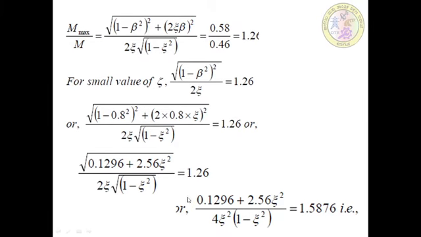Again you can simplify here, and after simplification we will have the small damping values, so you will have 1.58.